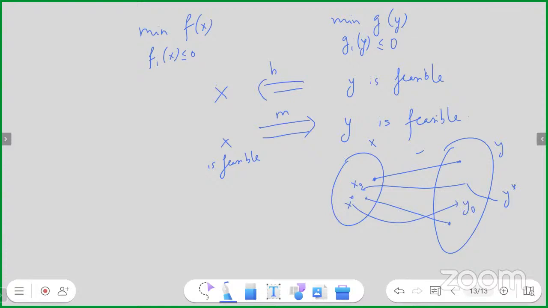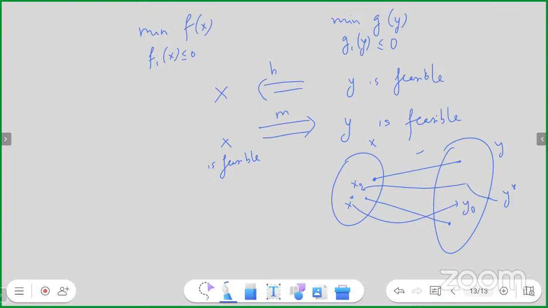So to prove that x naught is equal to x star, and y naught is the image of x star. So then x naught is equal to h of y star.